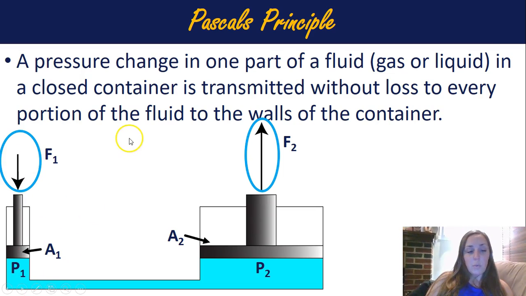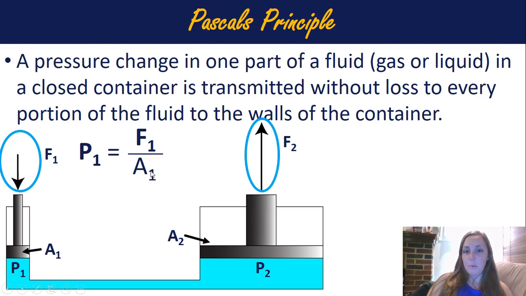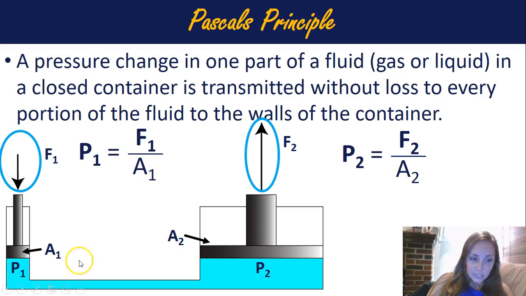So we know if we look on one side, the pressure 1 is equal to the force divided by the area, and that's just the definition of pressure. Pressure 2 is force 2 divided by area 2. Now what we know is initially these pressures are the same because they're at the same level. So in the last notes we talked about how pressure changes based on how deep within a fluid.